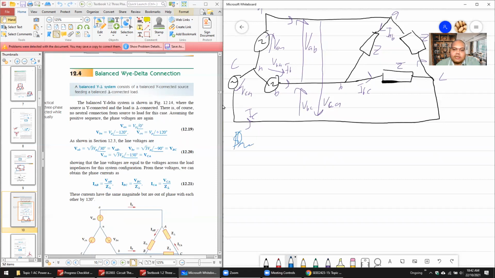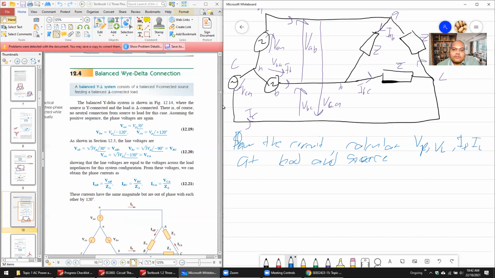Draw the circuit, calculate V line, V phase, I line, I phase at load and source.